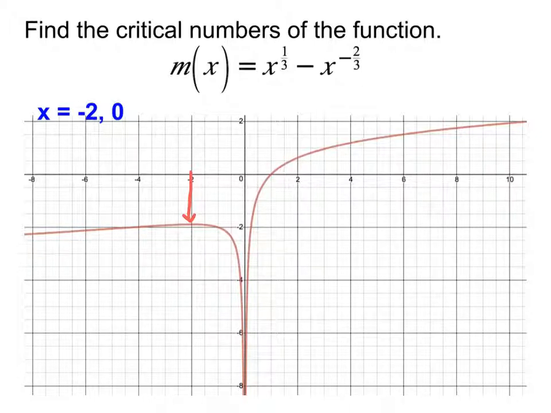Notice my graph peaks at that point, hence the derivative was 0. So that's a local maximum, actually, as it turns out. The other point, at 0, notice what was happening at 0. That was our asymptote. Now, that's not a local maximum or minimum or anything like that, but it is a critical number, because the critical numbers tell us oftentimes where there are local maxes and mins or where there's something weird happening.